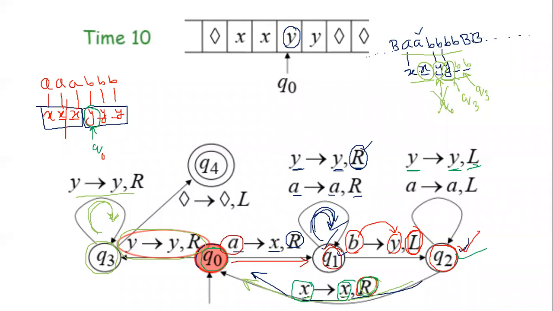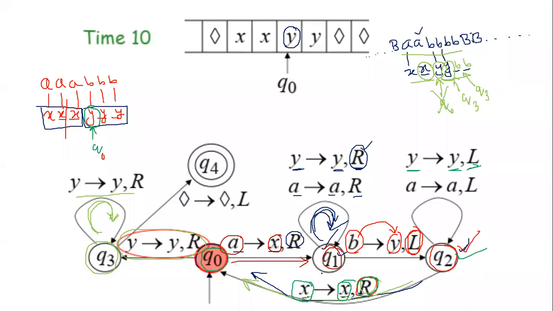Even if a single A is left to convert, there is no way to remain in Q0 state. You will go to Q1 state. At least the state diagram says that.